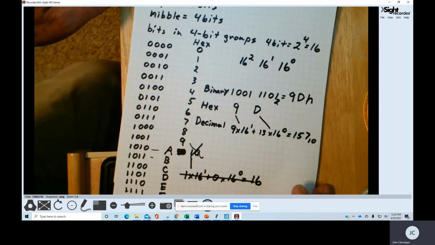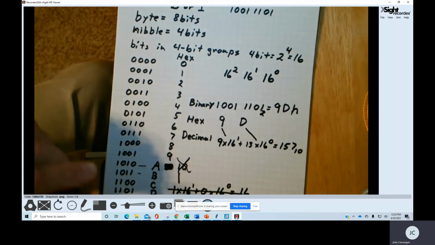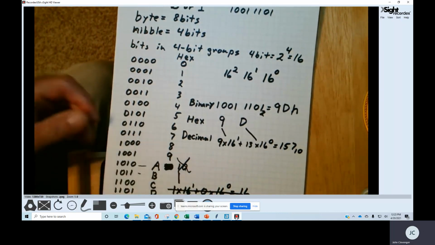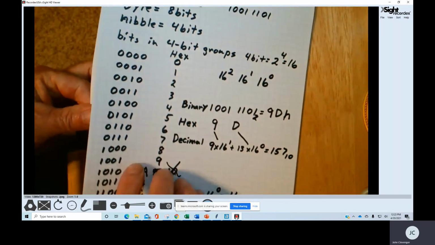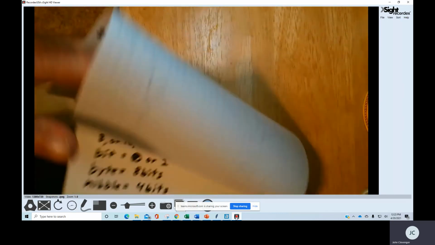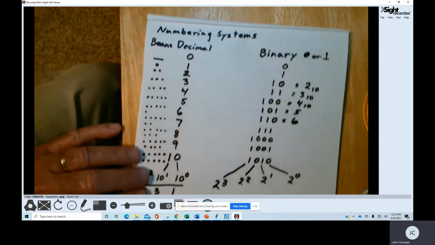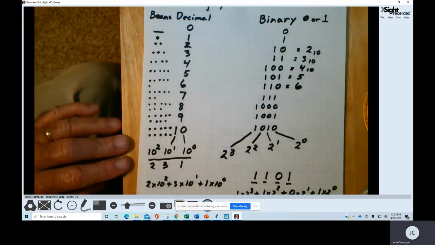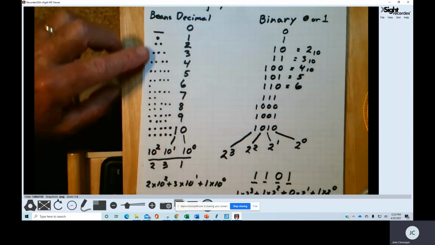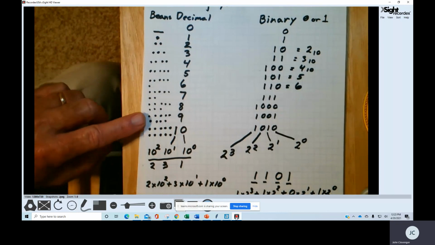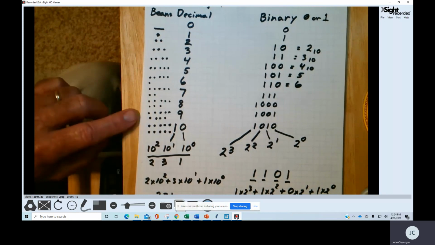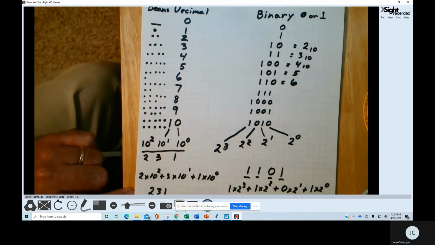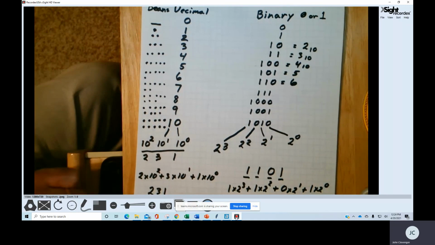So with our numbering systems, of course, we started by looking at the decimal numbering system. And we counted up some jelly beans in decimal from 0 through 9. After 9, we ran out of symbols to represent quantities, so I had to put a 1 in the second column and 0 in the first column.